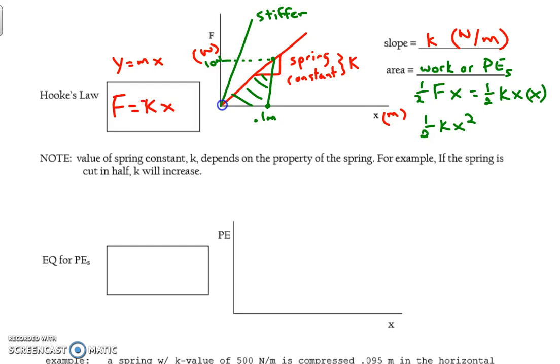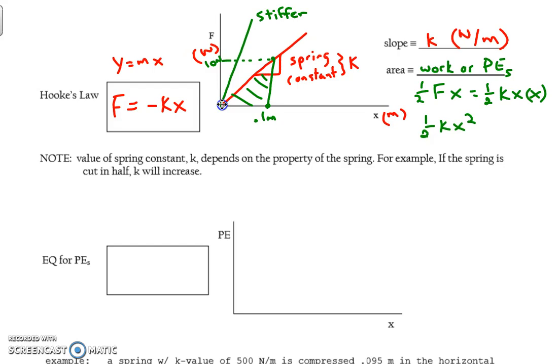Now technically there's a negative in front of there. Okay, let me rewrite that, sorry. Okay, and the negative is important for subtler reasons. It's basically telling you that the force is always in the opposite direction of the displacement. So if I pull it to the right, the force from the spring is trying to pull it back to the left, and vice versa.